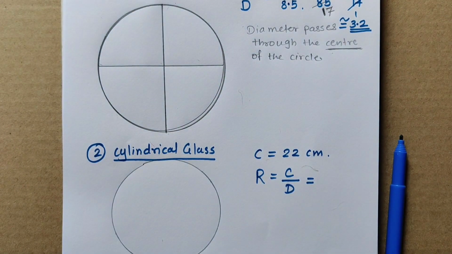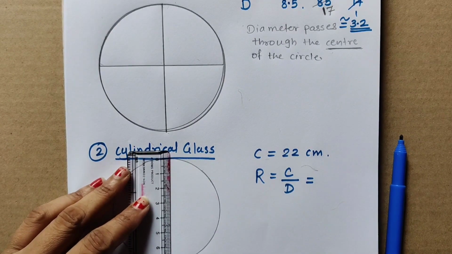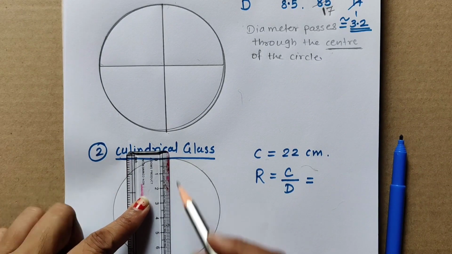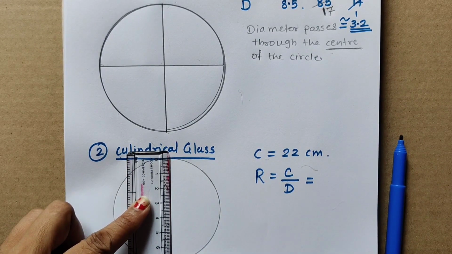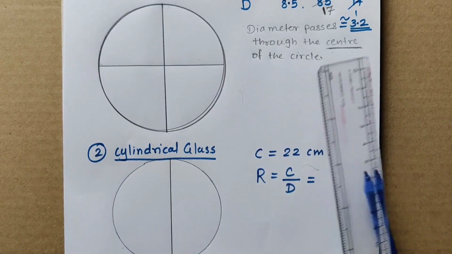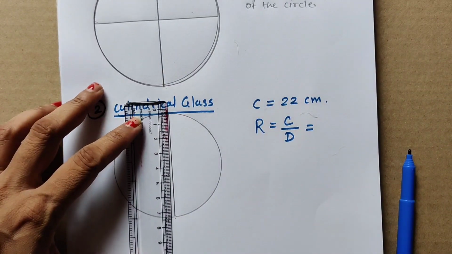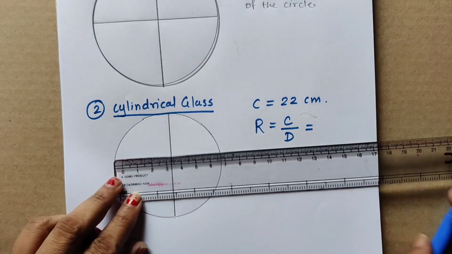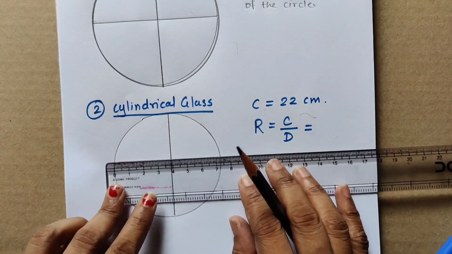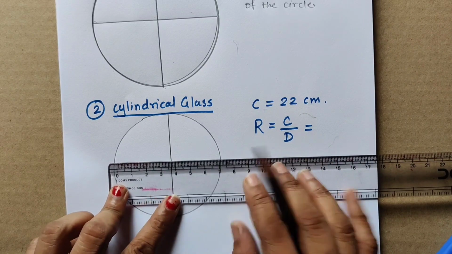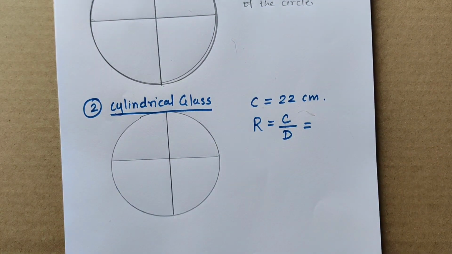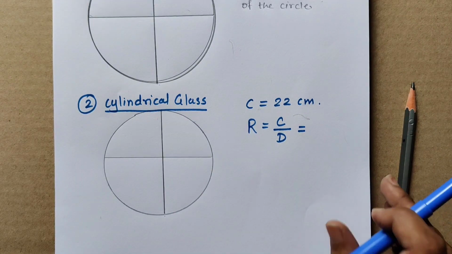In this way I have drawn the circle here, and then I will draw a diameter like this. It is not exact, but we can see here 0 till 7 we are getting the length, 7 centimeter. I can draw vertical and horizontal also. So here near about 7 centimeter we are getting the diameter, not exact. Again I am telling you all.